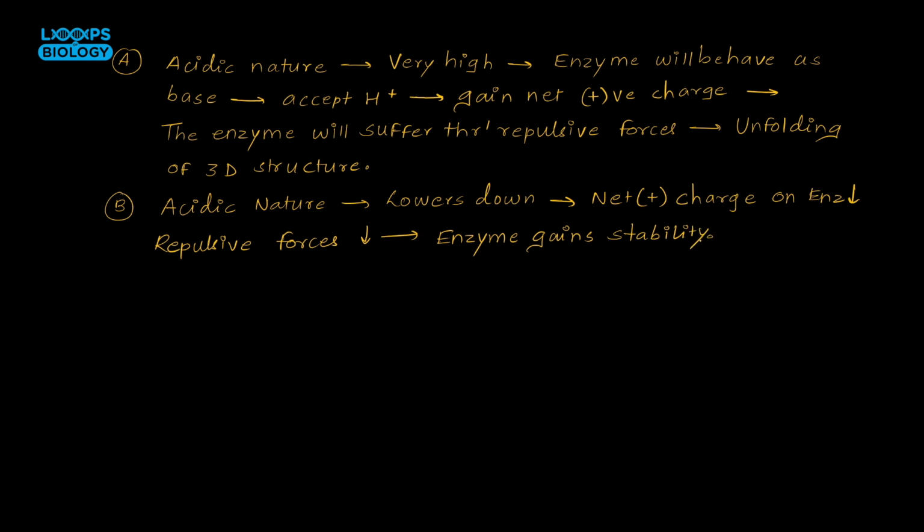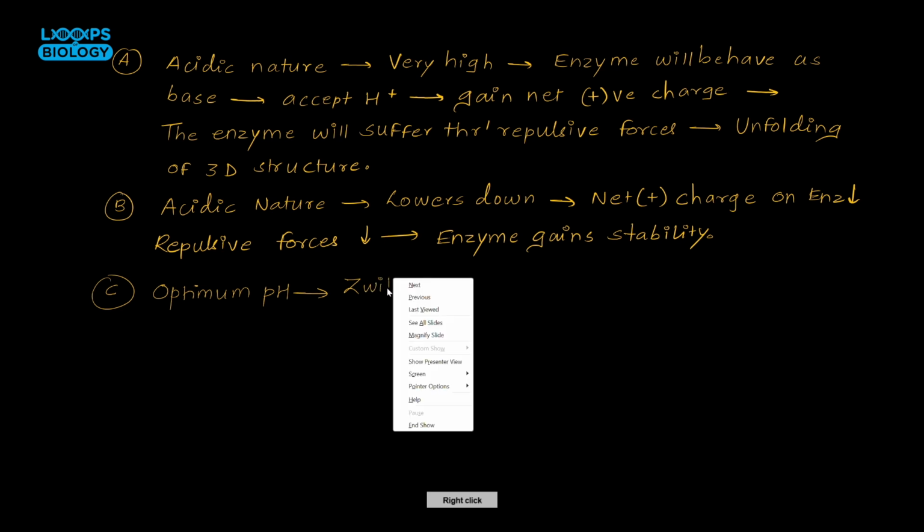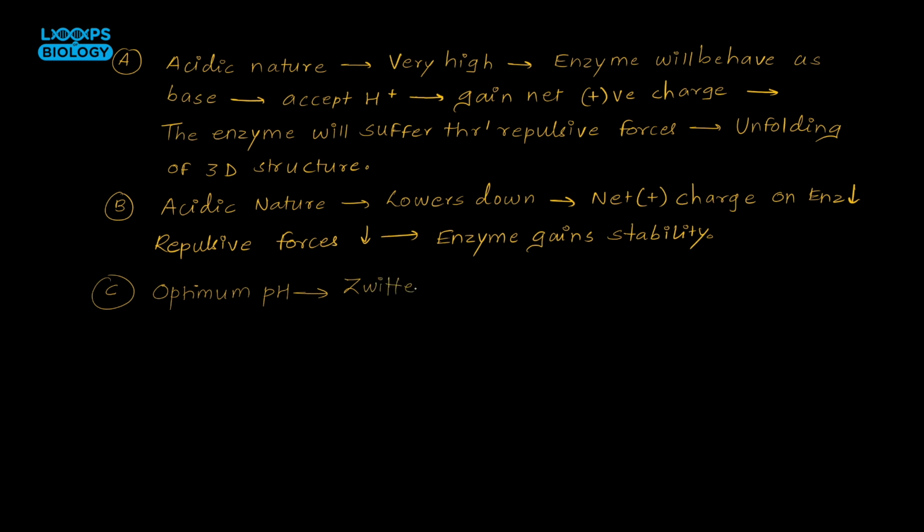Got it? Whenever we are moving to less acidic condition, the net positive charge is going to get reduced, due to which repulsive forces are reduced and the enzyme is becoming more stable. At point C, which is called the optimum pH, the enzyme will show the Zwitter ionic form of amino acid.